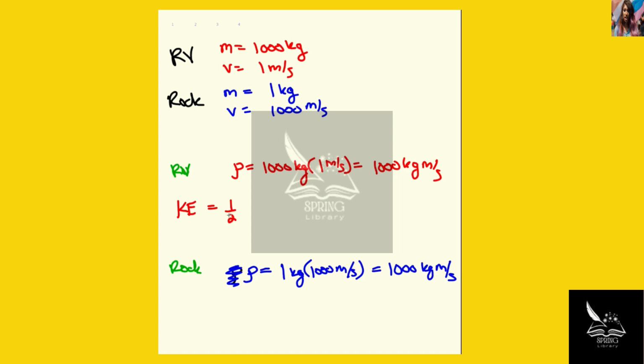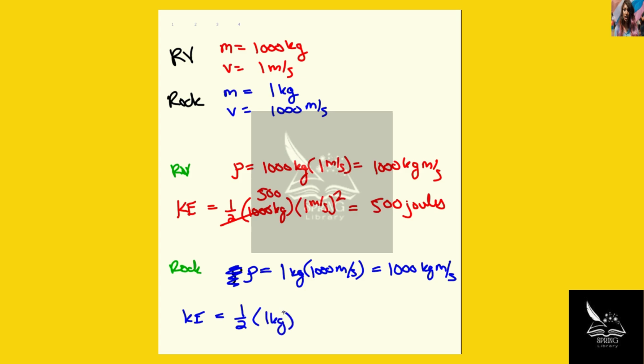The kinetic energy of the RV is equal to 1/2 times 1,000 kilograms times 1 meter per second squared, which is going to yield an answer of 500 joules. Now the kinetic energy for the rock is going to be 1/2 times 1 kilogram times 1,000 meters per second squared, which is going to be 500,000 joules.